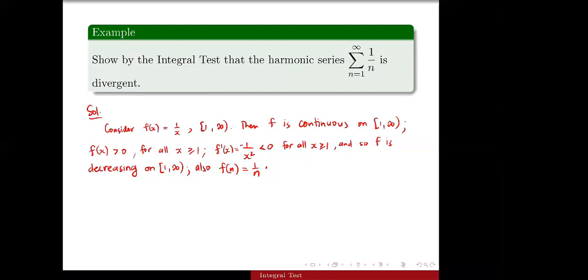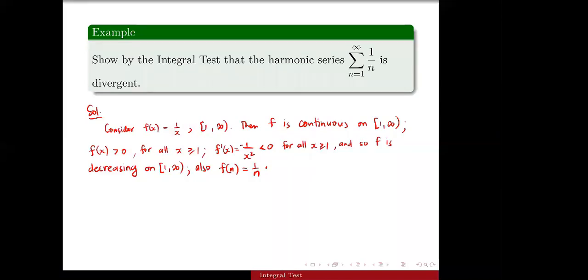So we checked everything. f is continuous. We didn't check this one, but you know, this function is discontinuous only at x equals 0, so we can accept that f is continuous on 1 comma plus infinity. And of course, for all x greater than or equal to 1, 1 over x is positive.